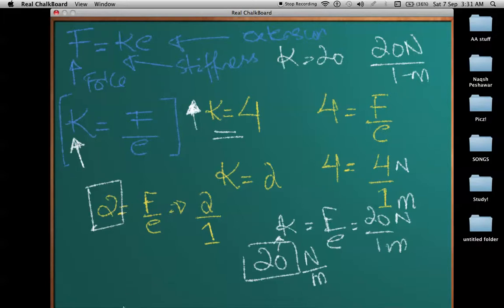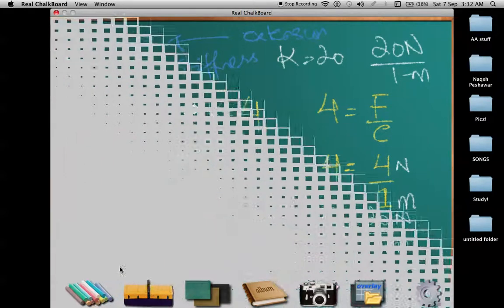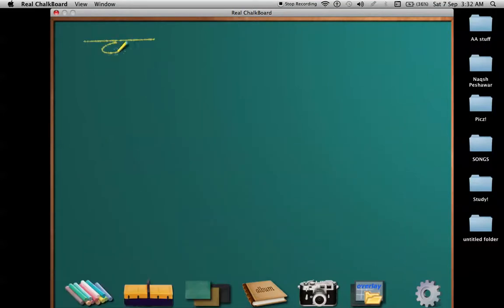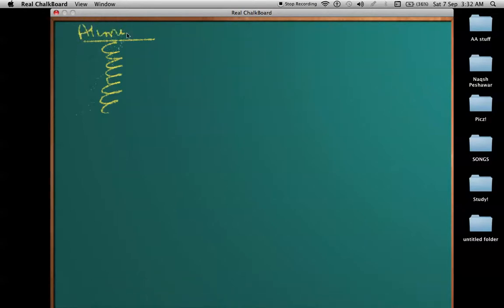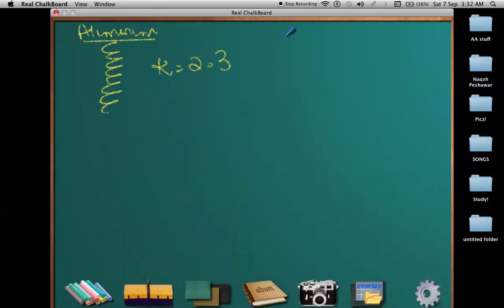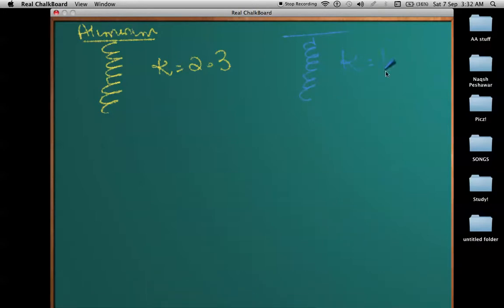Let's say I have 2 springs here. Say this is my yellow spring, let's say it's made of aluminum. I'm just taking random values. It has a stiffness of 2.3. And here's my blue spring, and it has a stiffness of 1.4.